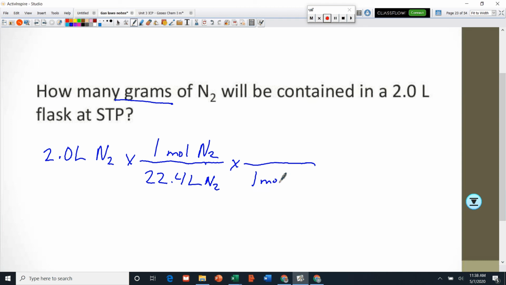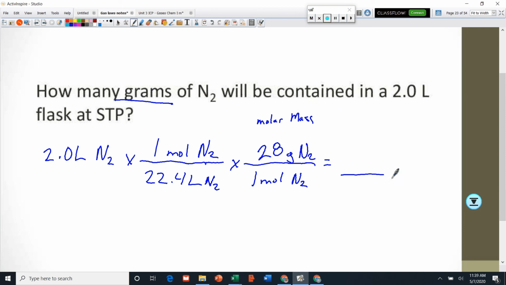So now that I'm in moles of nitrogen, I can get to grams. 1 mole of nitrogen, and now I need to solve for the molar mass of this. So I'm going to look up the molar mass of nitrogen. 1 nitrogen atom is 14.01. So the molar mass of N2 is going to be 28 grams of nitrogen.